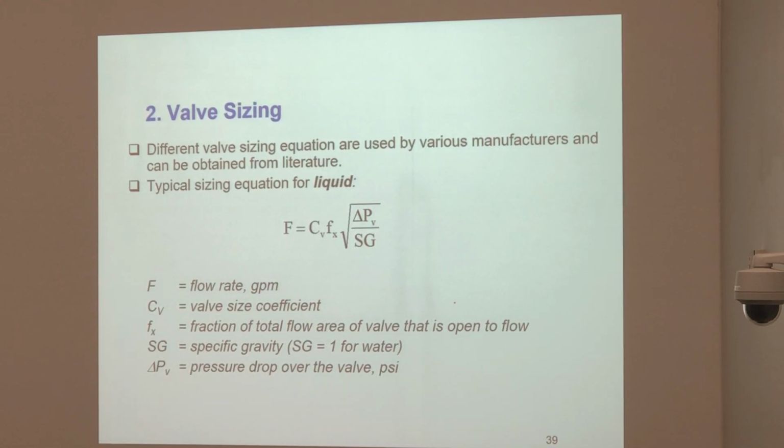So let's say if it is 1, what does that mean? Fully open or fully closed? When Fx is 1, it means it's fully open, because the fraction of the total area open to flow is 1. You open everything and let the flow go through.